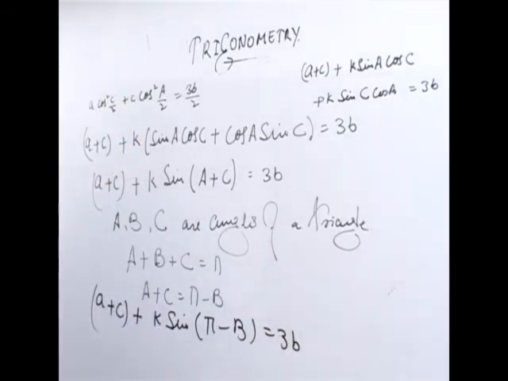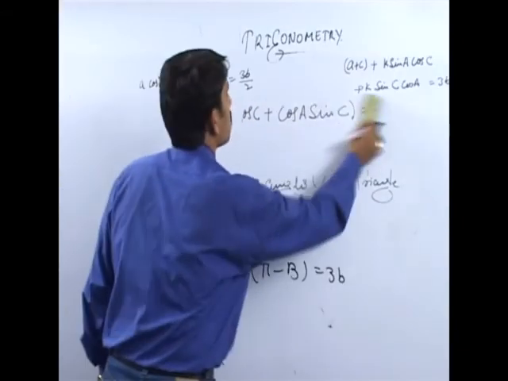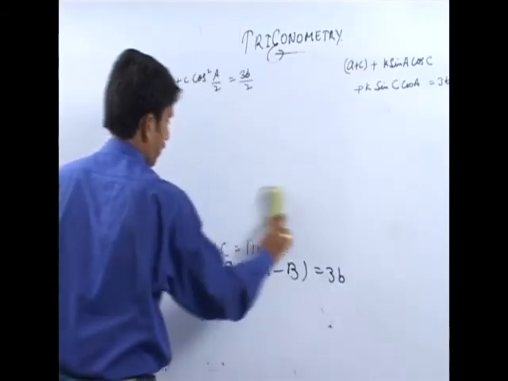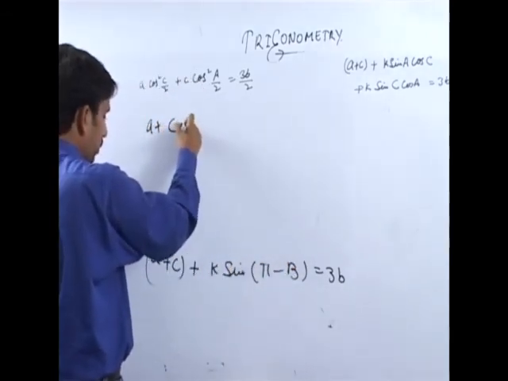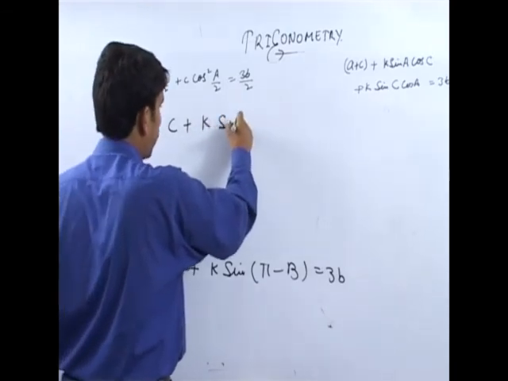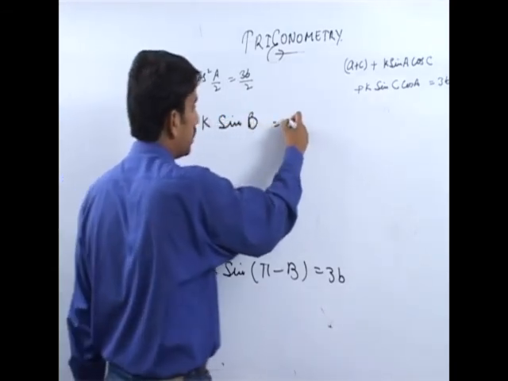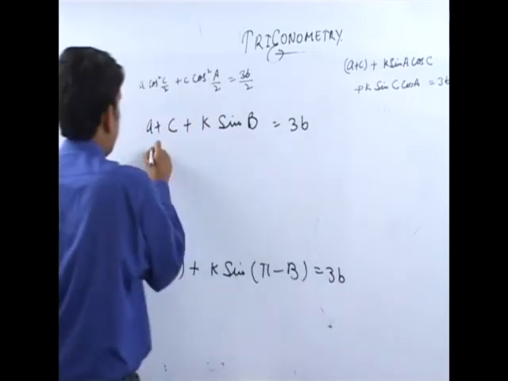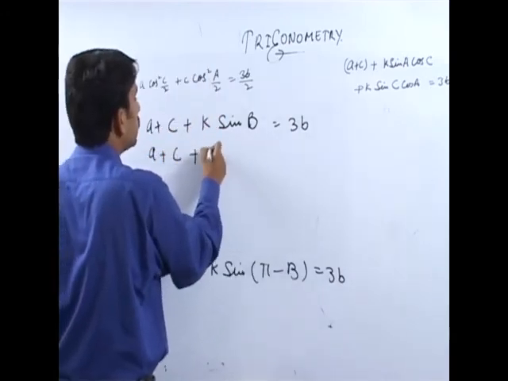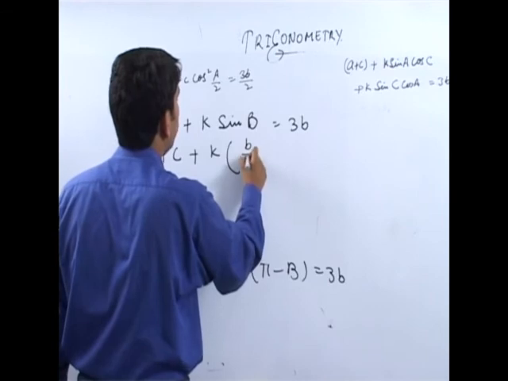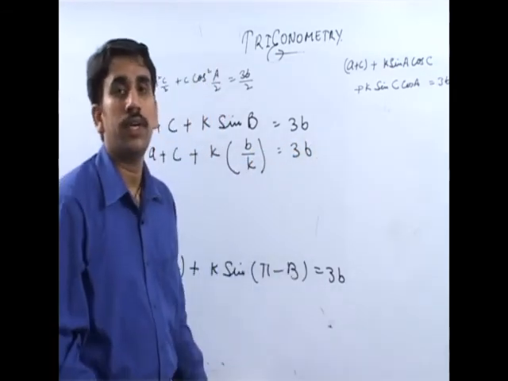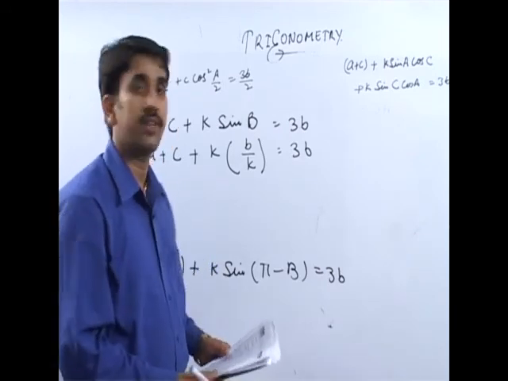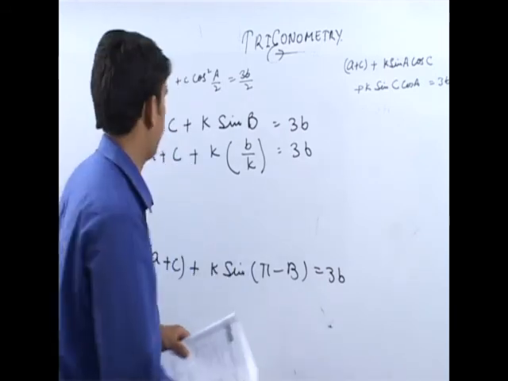Now this sine of (pi minus B) will be equal to sine of angle B, because sine of (pi minus theta) is sine theta only. So a plus c plus k sine B, and this k sine B will be equal to b, from the sine formula: a over sine A is equal to b over sine B is equal to c over sine C is equal to k.